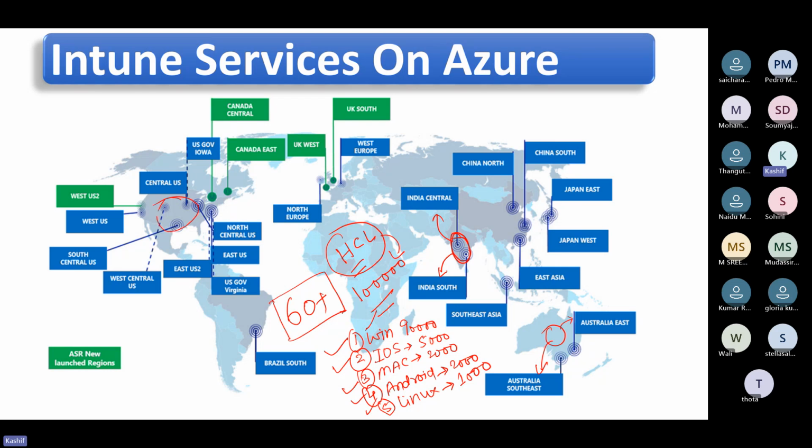Similarly, in any region, whatever the nearest data center. So the account will get created there. Azure data center is present in more than 60 countries now, and Intune services are running inside Azure Cloud Data Center.